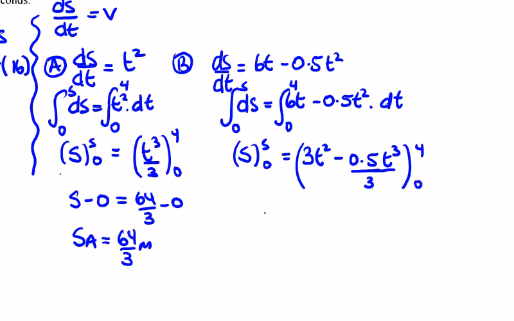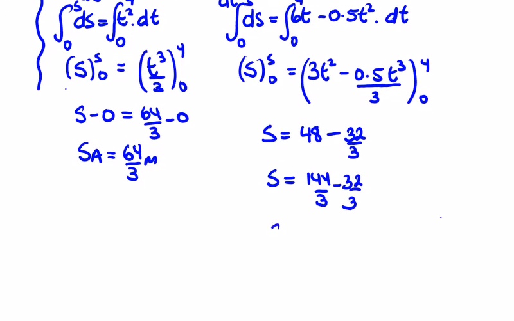0 won't give us a value here, so we're going to get s equals 3 by 4 squared, which is 48. 3 by 16 is 48, minus half of 4 cubed, which is 64, so half of 64 is 32, 32 over 3. So s is equal to 144 minus 32 over 3.